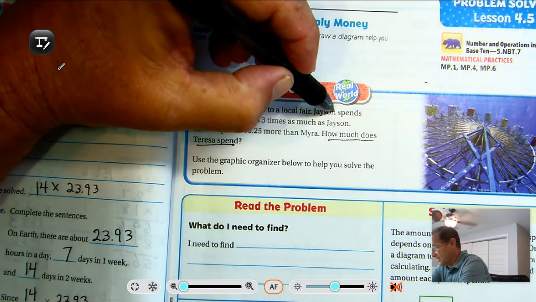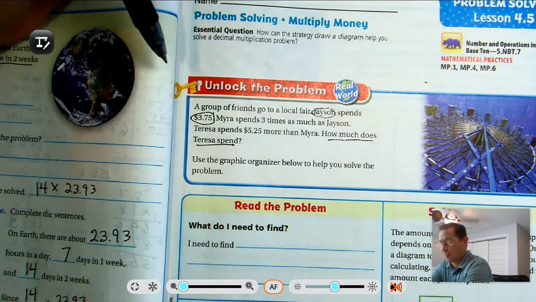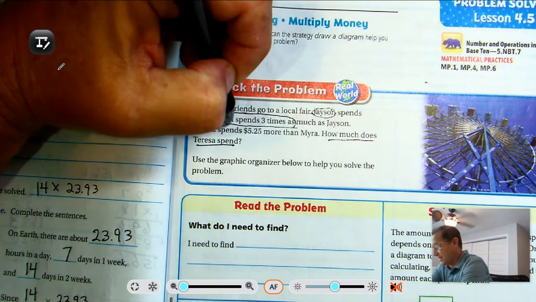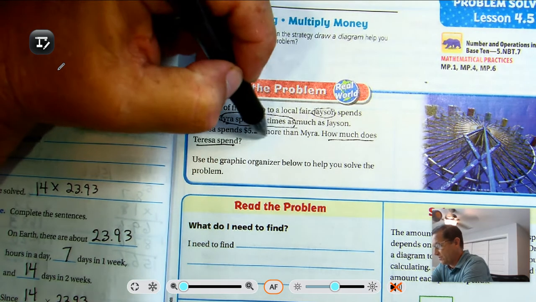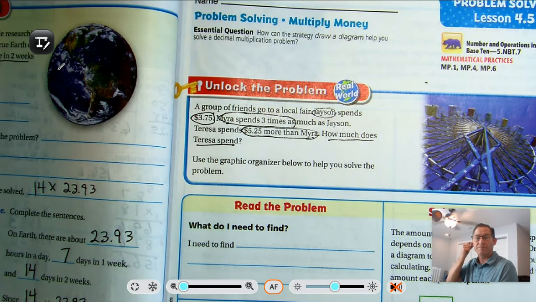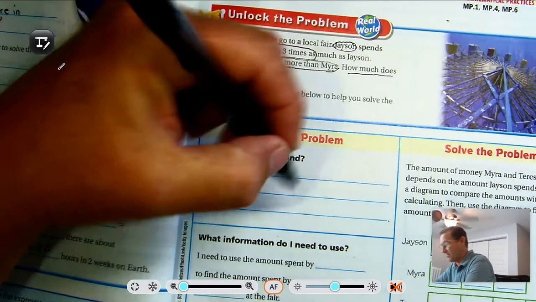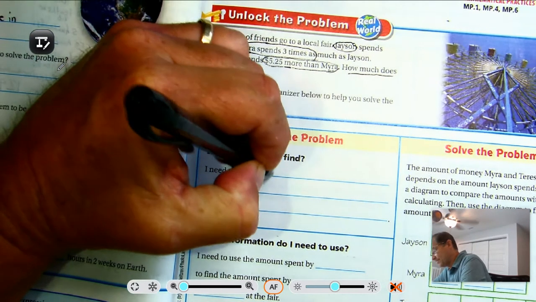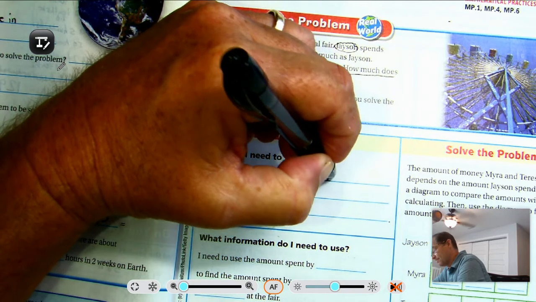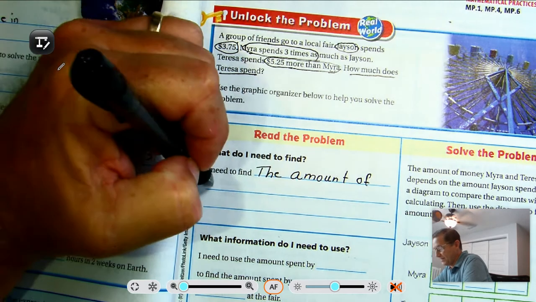We know Jason spends $3.75. We know Myra spent 3 times as much as Jason. And Teresa spends $5.25 more than Myra. So I need to find the amount of money that Teresa spent at the fair.